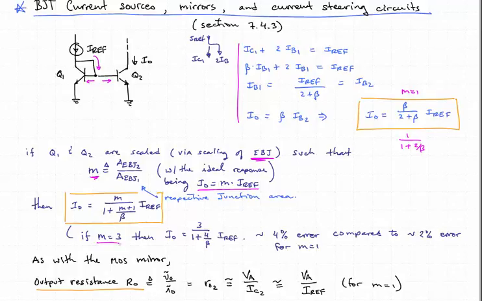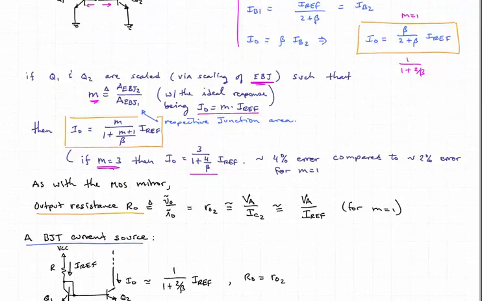If we were to say that M was equal to 3, then IO would be 3 times IREF over 1 plus 4 over beta. In other words, if beta was 100, then we would have roughly a 4% error compared to a 2% error. So the more current gain we want, or current scaling we want, the more error there is.